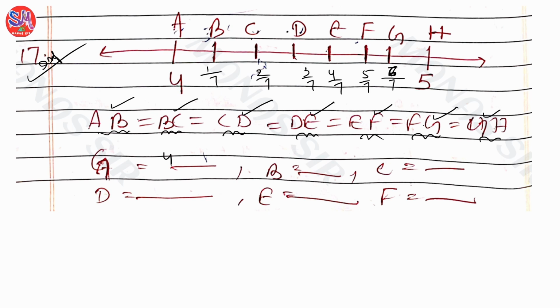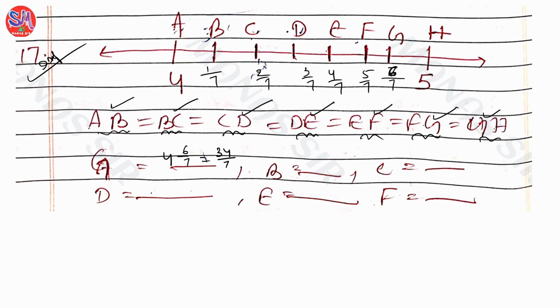G is 4 whole, because this number lies between 4 and 5. That's why we write 4 whole 6 by 7. Okay. Now multiply: 7 4s are 28 and 6 is 34.